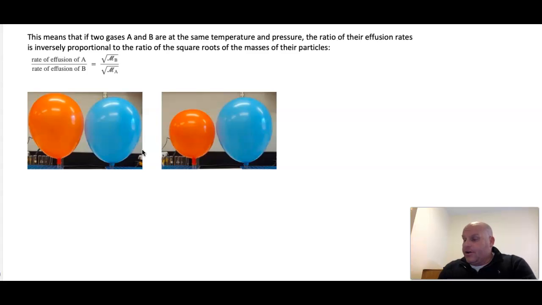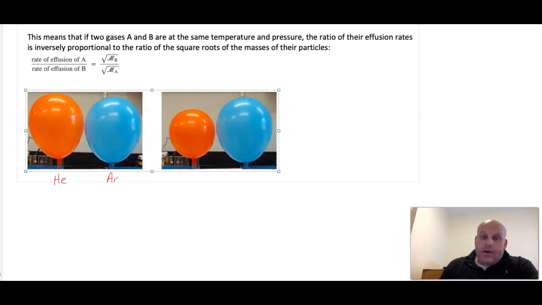This picture here shows a little bit about the difference between the size of the molecules and how that affects effusion. These two balloons are filled with two different gases. The balloon on the left is filled with helium, and the balloon on the right is filled with argon.